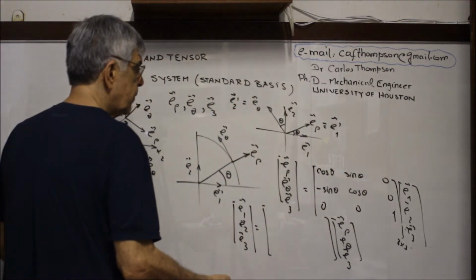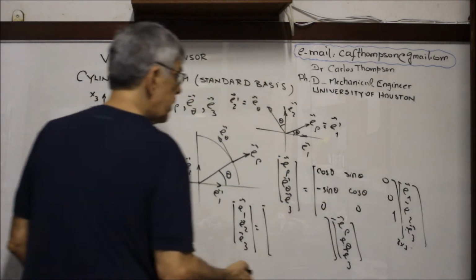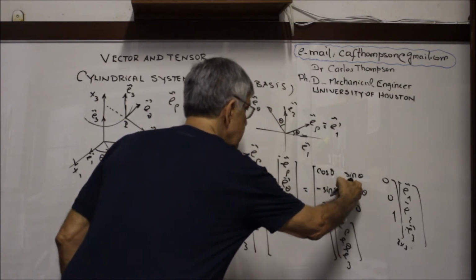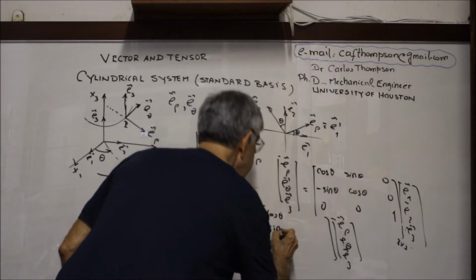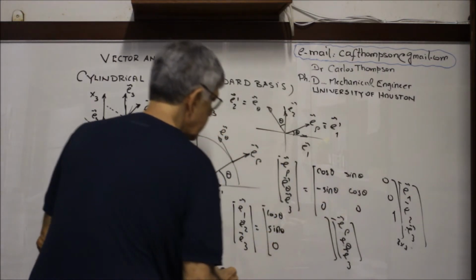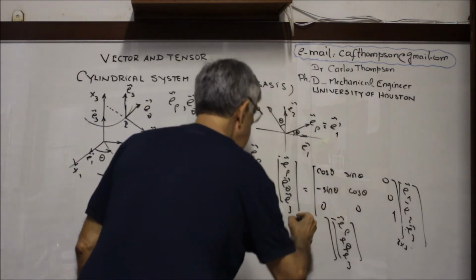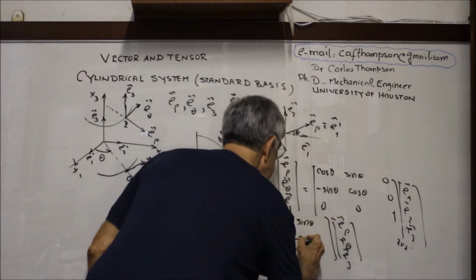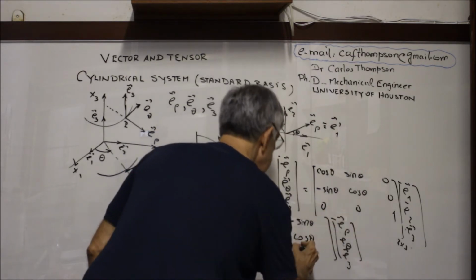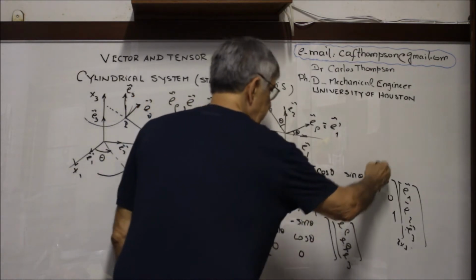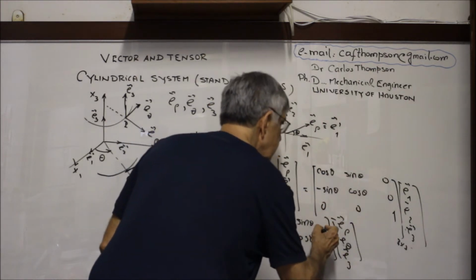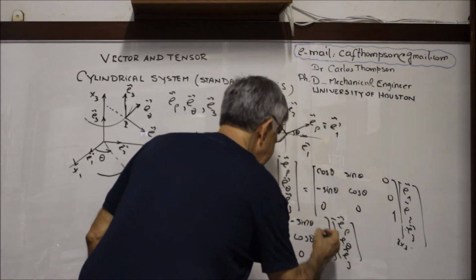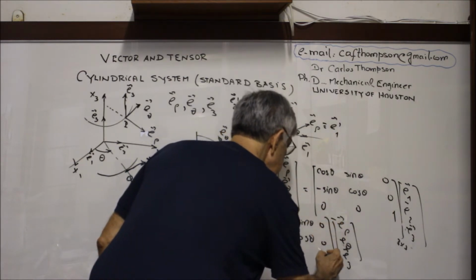You just get the transpose of this matrix. This will be cosine of theta, sine of theta, and 0. Now, the second row will be minus sine of theta, cosine of theta, and 0. And this will be 0, 0, 1. You see, the third row and the third column are 0, 0, and 1.